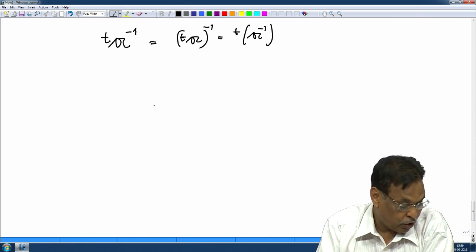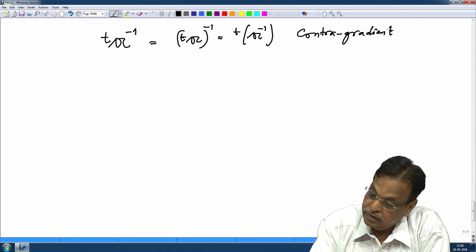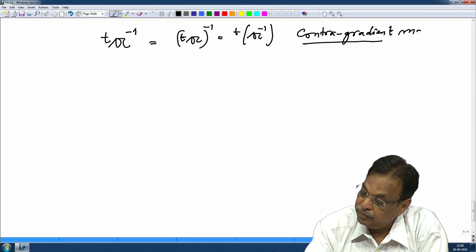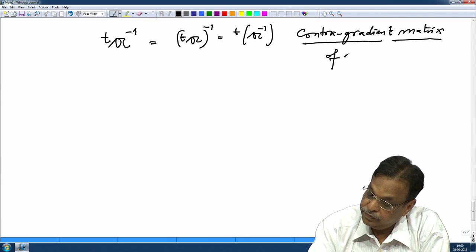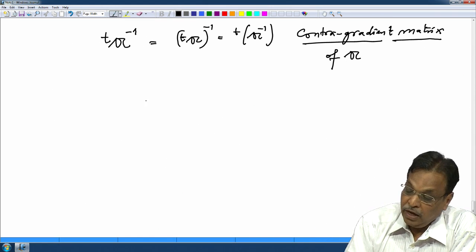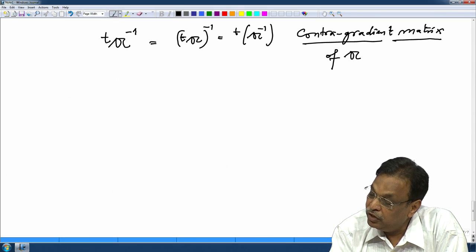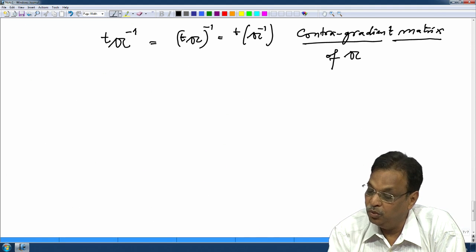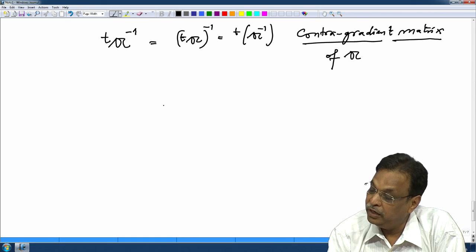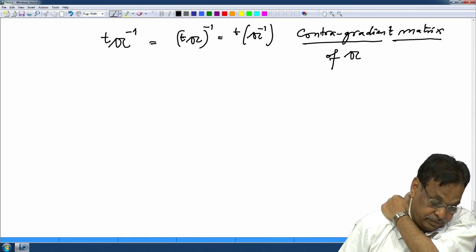This matrix is called the contragradient matrix of A. This concept is defined only for invertible matrices, and this is very useful in physics. When I do the geometric part, that time I will show you the use of this contragradient matrix.